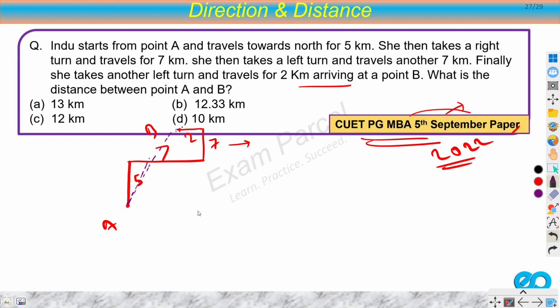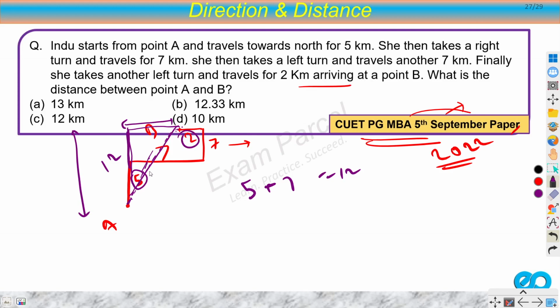So obviously we will again have to apply the Pythagoras theorem. Now I want this distance. This is the hypotenuse. So obviously I need this base and this perpendicular. So this perpendicular is 5 plus 7, 12. So this is 12. Now this portion, what is it?